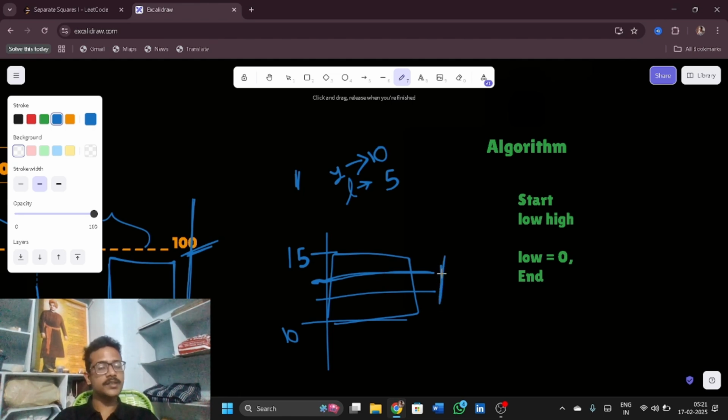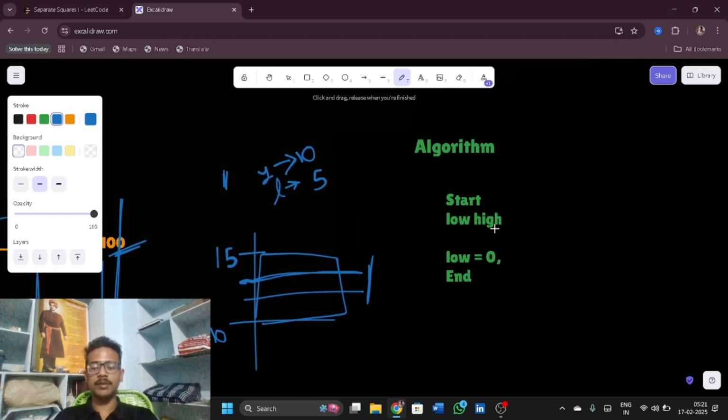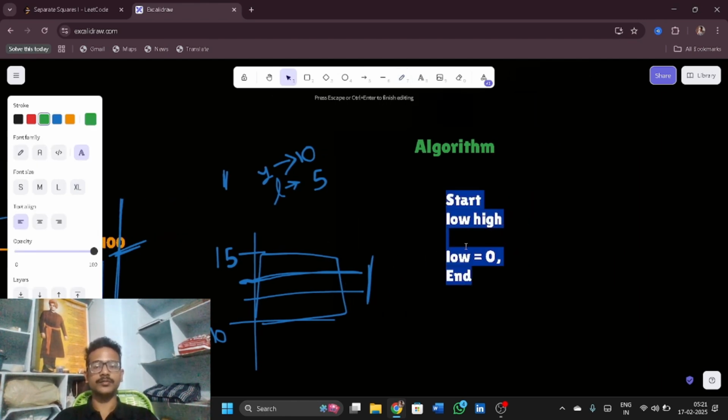So the high value will be determined after iterating max of y plus side. I'll go through every square and check which square is having the maximum y plus side. So high will be max of y plus side.